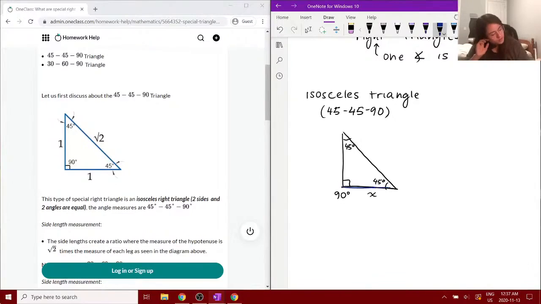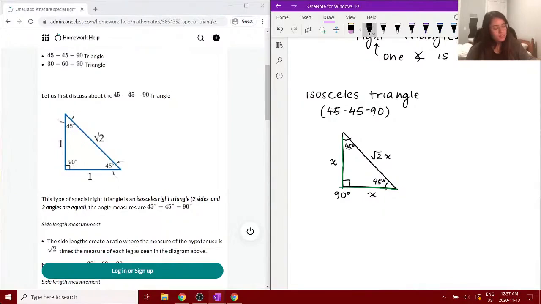This side length here and this side length here should be equal. They should both be x long, and this length here, opposite from the hypotenuse, will be root 2x long, okay?